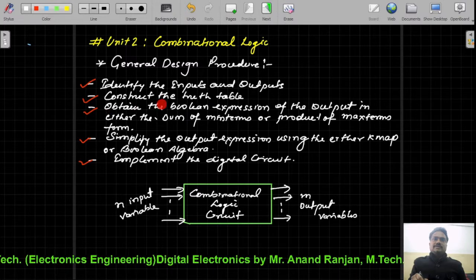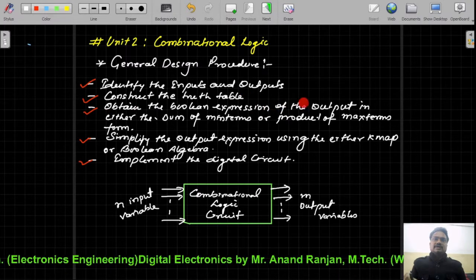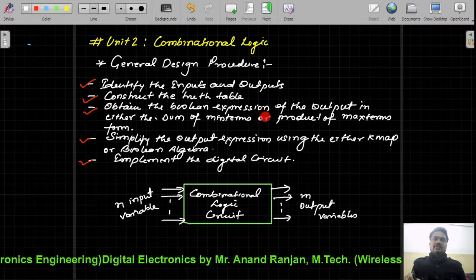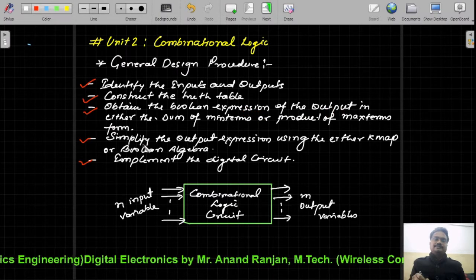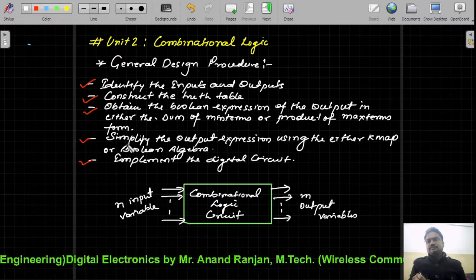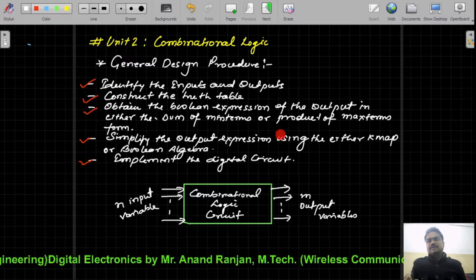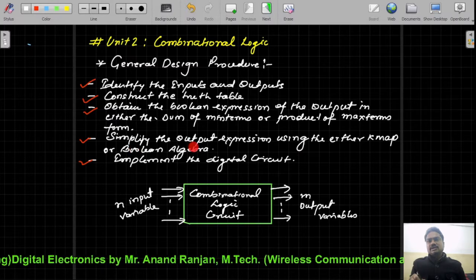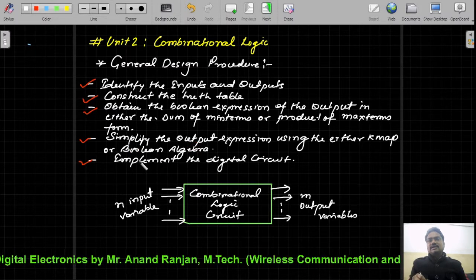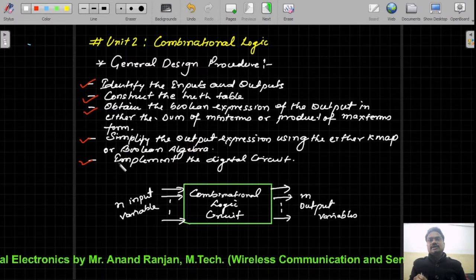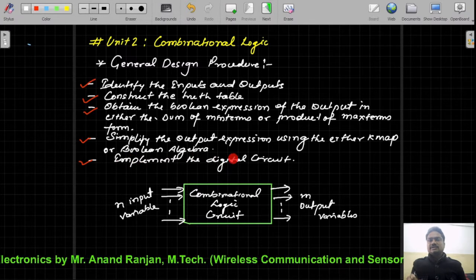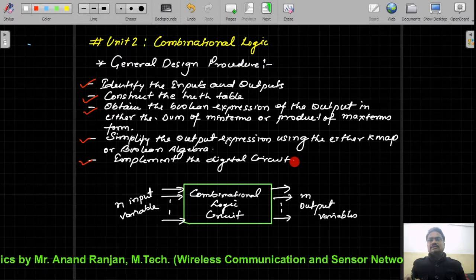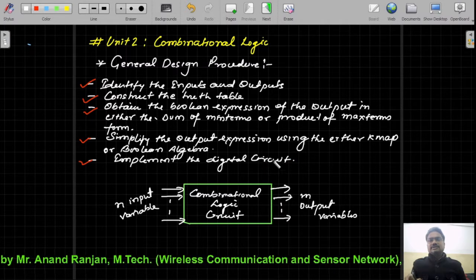After that, obtain the Boolean expression of the output in either the sum of minterm or the product of maxterm form. Then simplify the output expression using either the K-map or Boolean algebra. And finally, the reduced Boolean expressions will be implemented using the digital logic gates or basic logic gates.